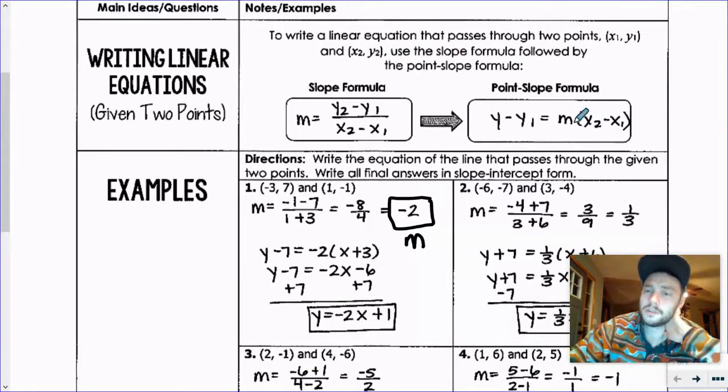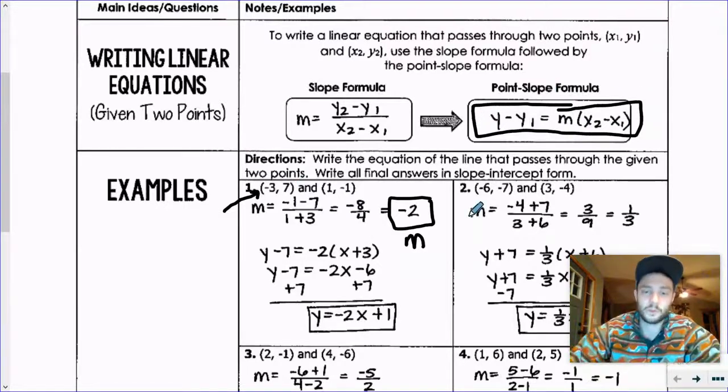All we needed for this was an m and then a point, an x1 and a y1. We already labeled this guy right here x1, y1. So we're going to take our slope for m, we're going to take our point, negative 3, 7, and we're going to plug it into this formula that we already used last week.